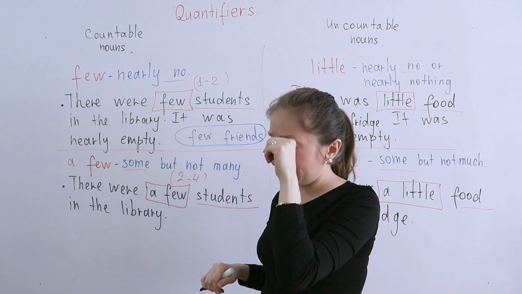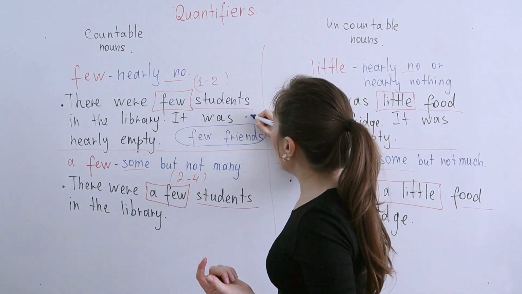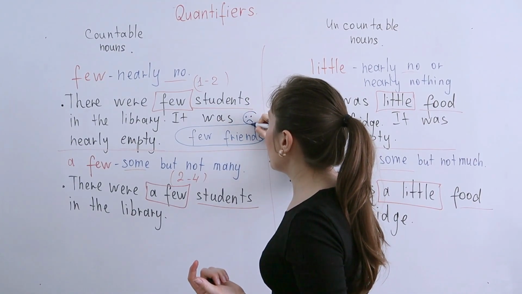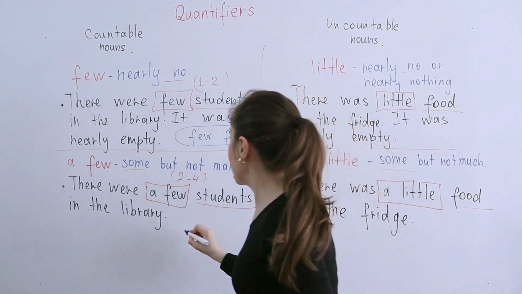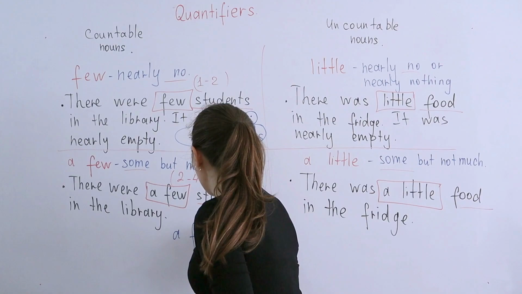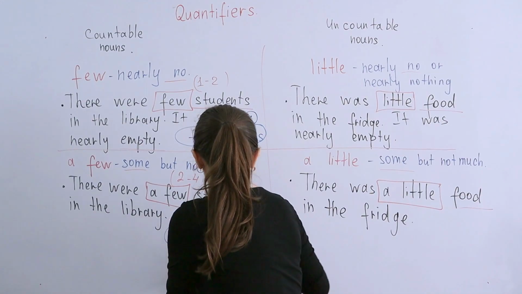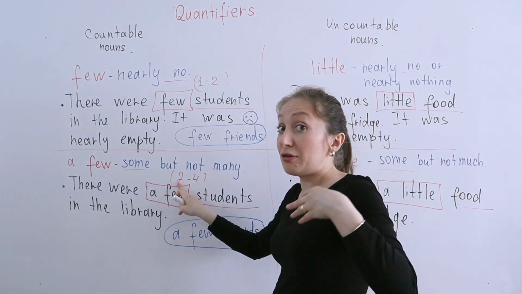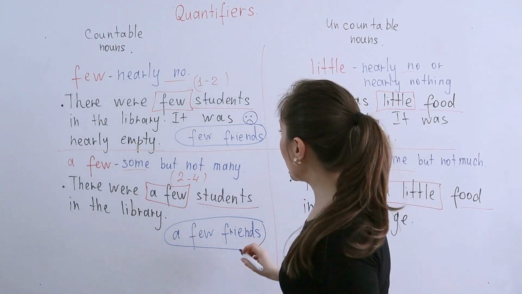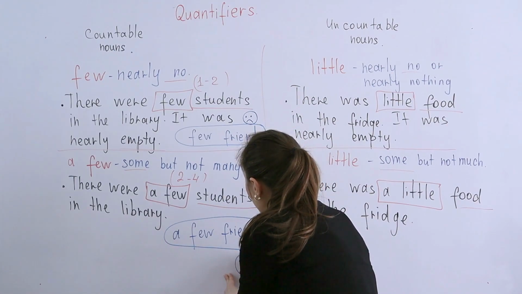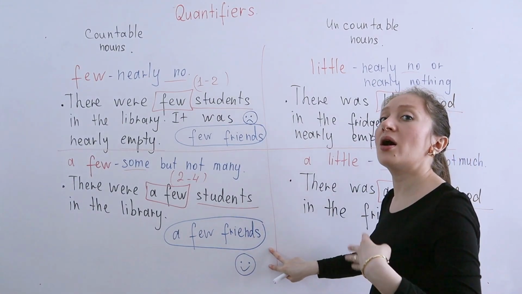I have few friends, just not so many, just 1, 2. But then you say I have a few friends. Here you have 2, 3, 4, 5 maybe, right? So here you are happier. This has a little bit positive idea.